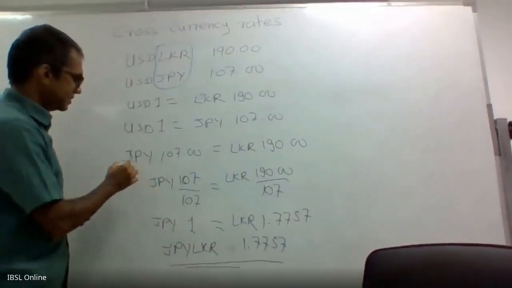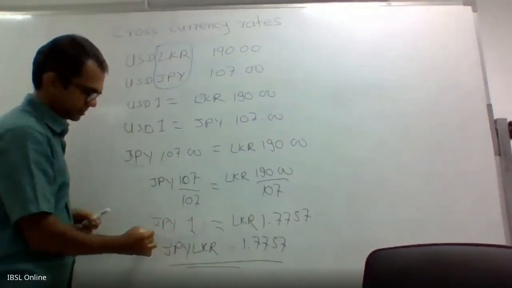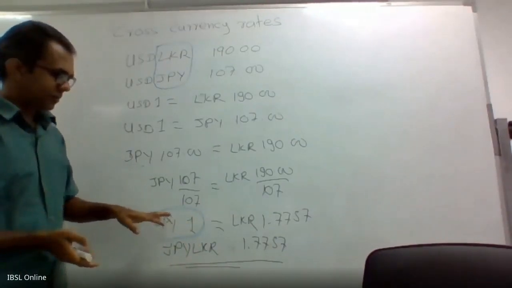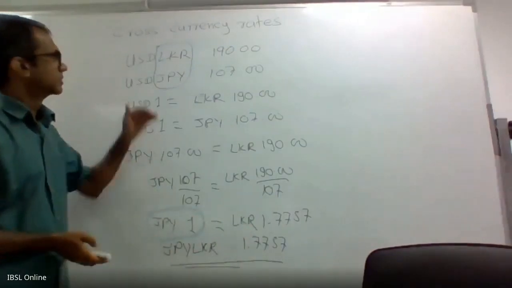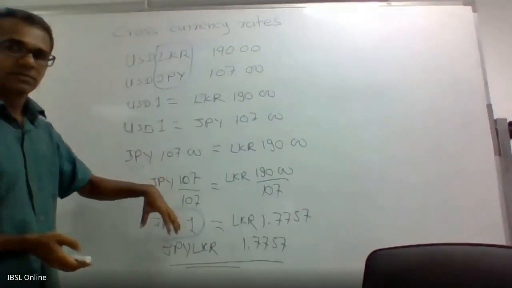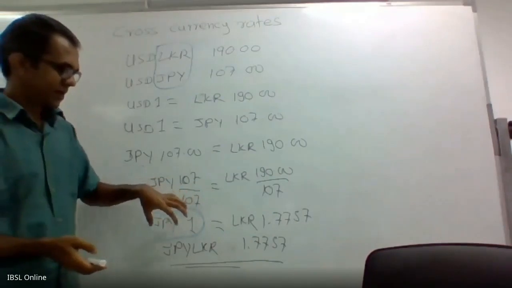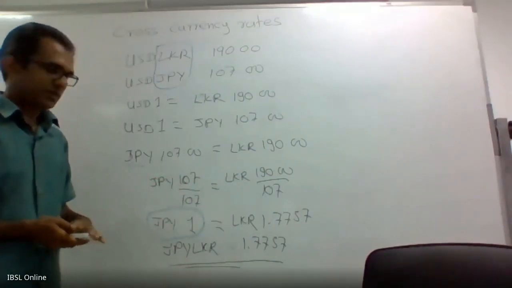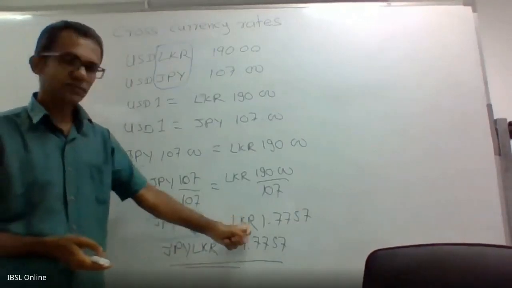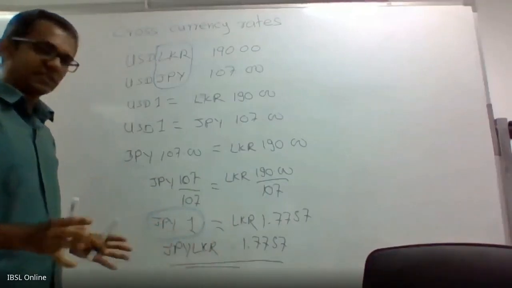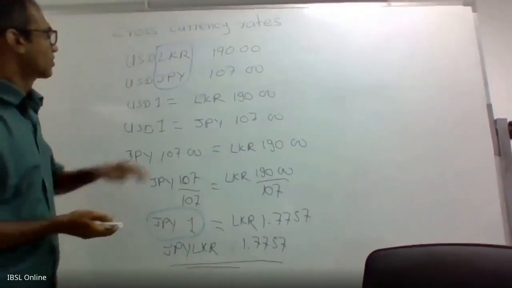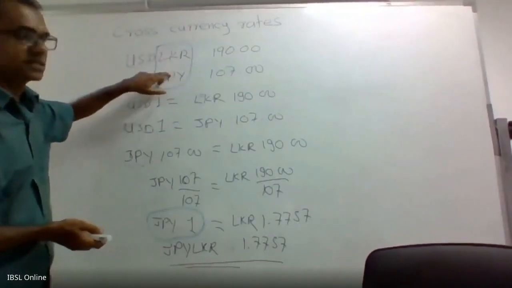So why did I consider yen as the base currency? I calculated the value of yen in terms of rupees. Even with these two exchange rates, one could have done it the other way around, calculating the value of rupee in terms of yen. But I didn't do that. Why? The general practice in the market is to consider the stronger currency out of these two as the base currency.